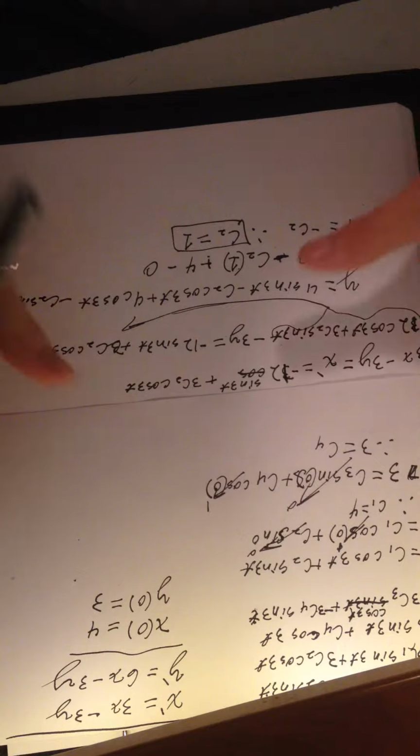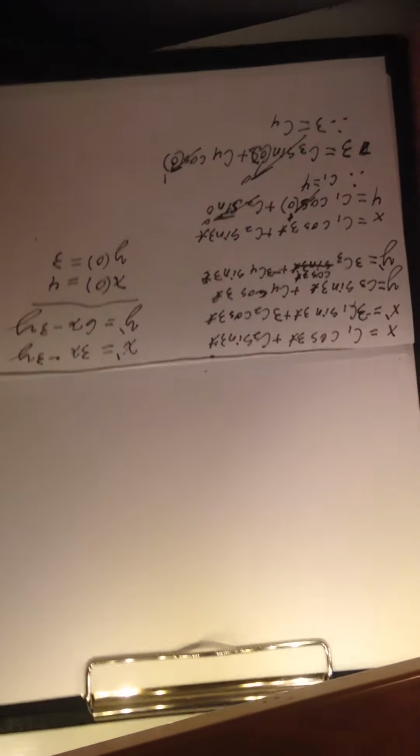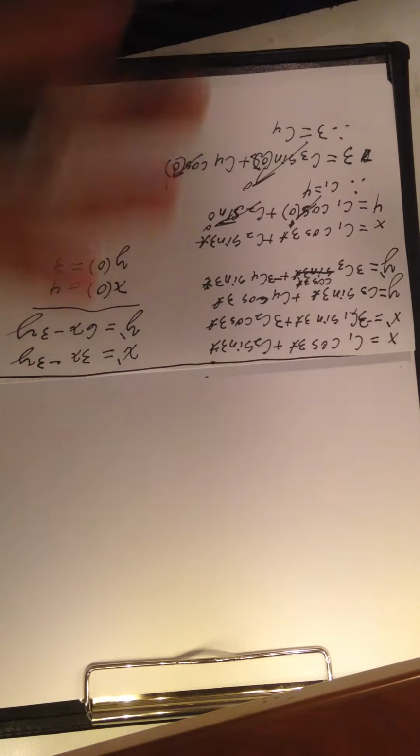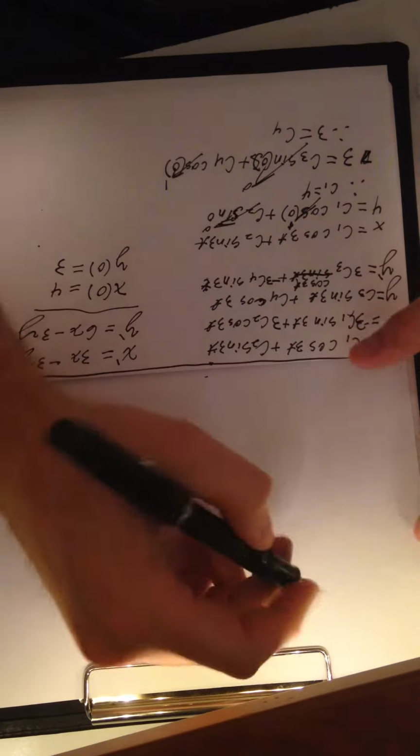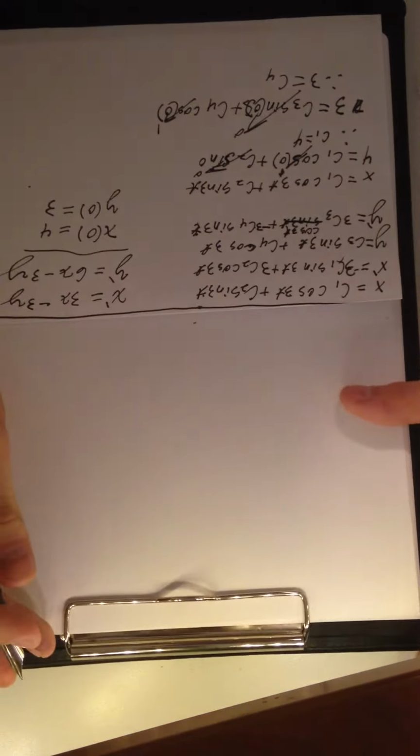Now that we have that one solved, we have to solve for c3. To solve for c3, we're going to do basically the same thing, except with the other equation that we were given. We're going to use our y prime value instead of our y value.